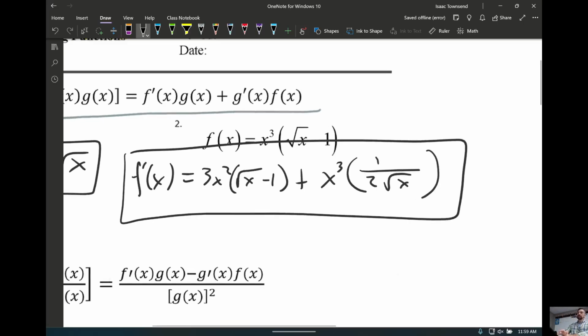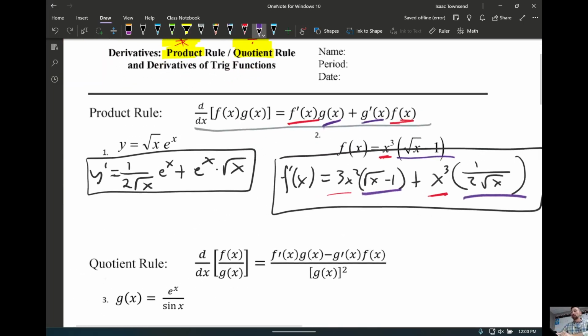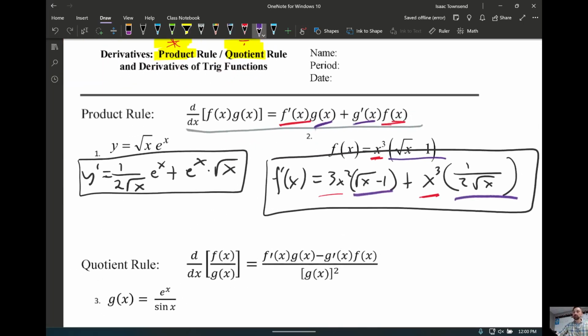Right now, all I need you to see is how this is getting pieced together. F, 1 time the derivative, 1 time it's left alone. G, 1 time you take the derivative, 1 time you don't. And you have to do that whole process for when it's the derivative of something times something. Okay. Anything jump out at you about that?